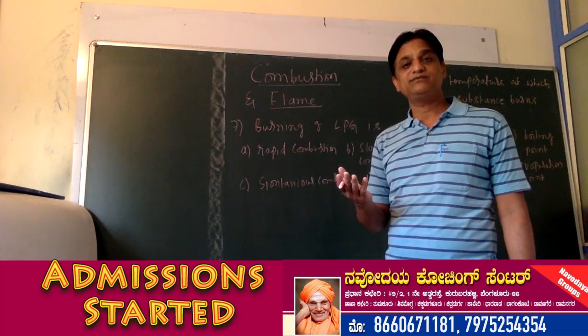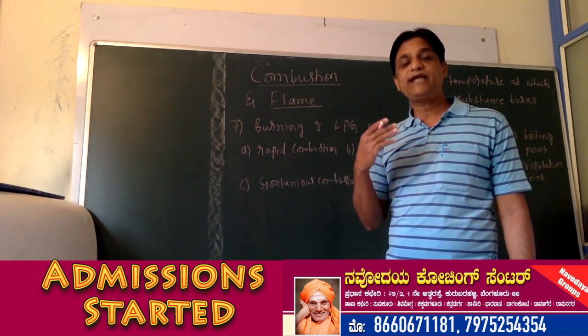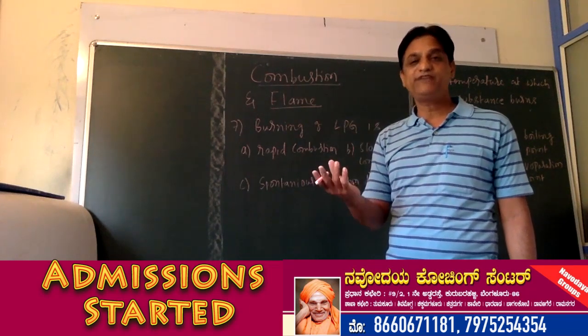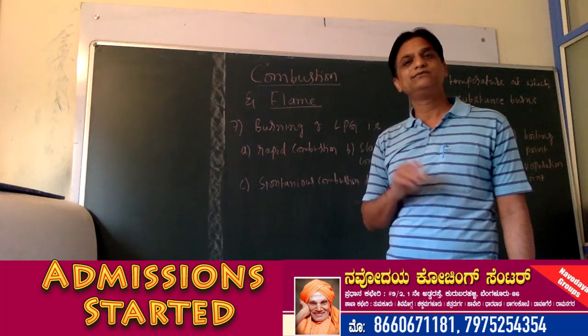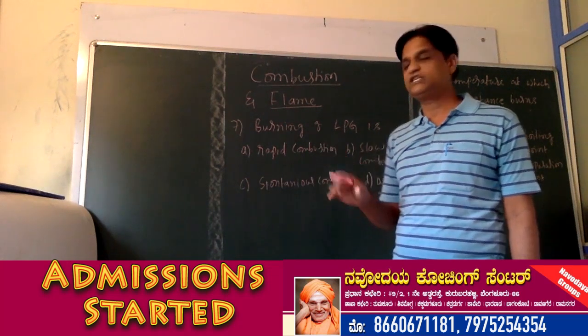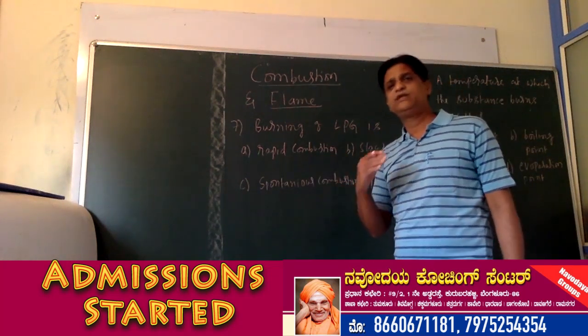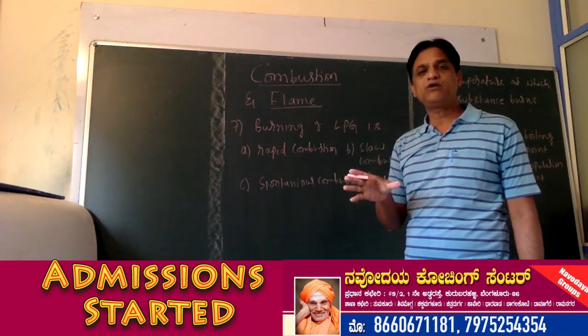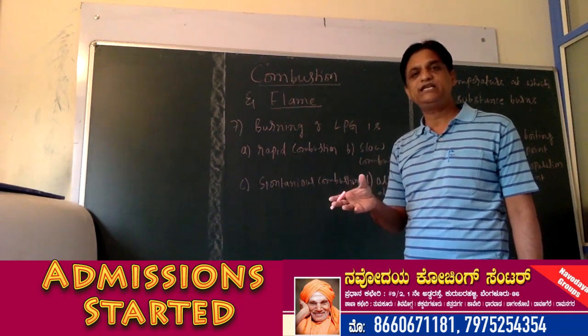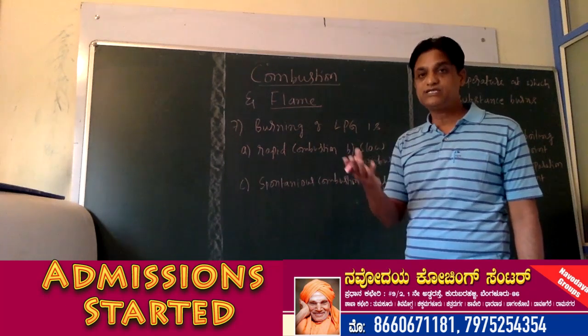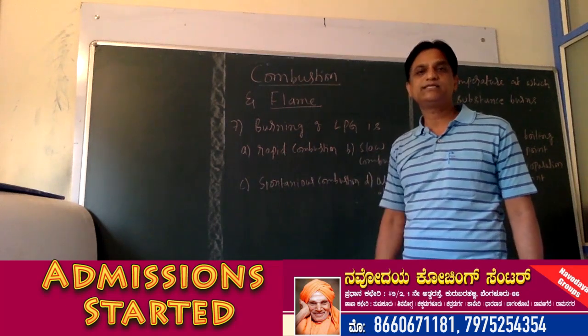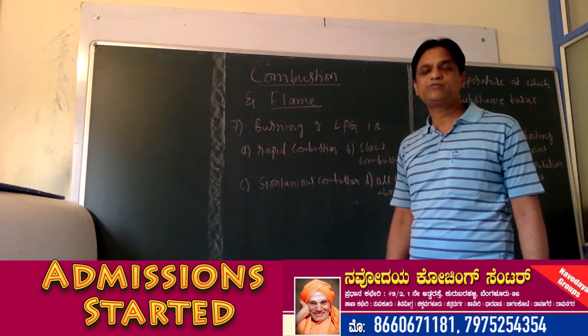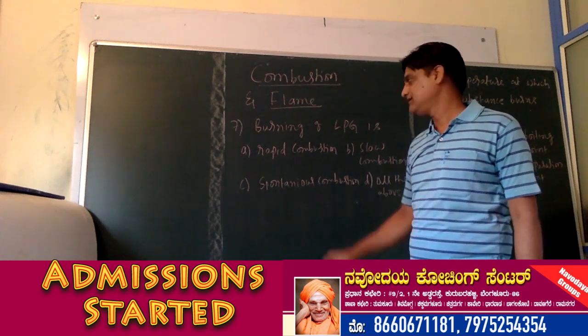Spontaneous combustion is extensive burning activity with the liberation of heat and light. The combustion in which an enormous amount of heat and light energy is released, along with sound, is known as rapid combustion or explosion, like burning of a cracker.